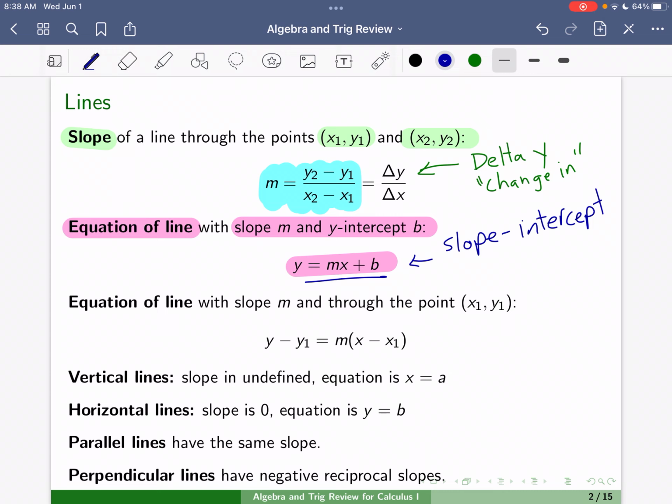So another way that we might write an equation of a line is if we happen to know the slope, just like we did above, and instead of knowing the y-intercept, we just know some other point, so let's call that x1, y1. If we know that, then our equation is y minus y1 is equal to m times x minus x1. So this is an equation. The y is still a variable right there, but the y1 would be an actual number.